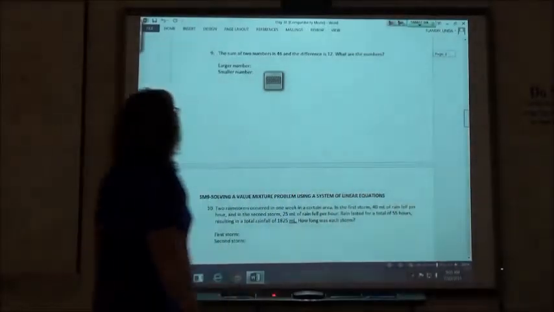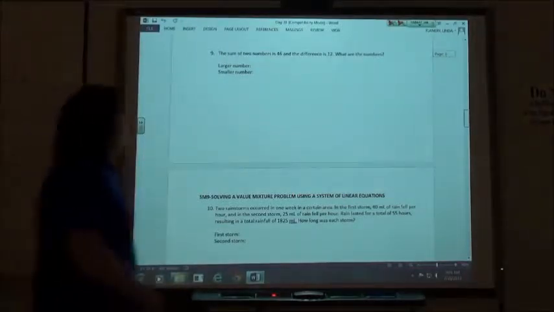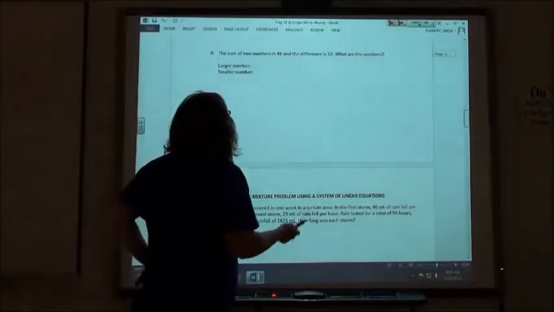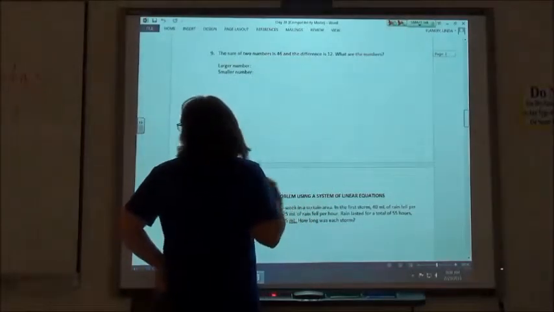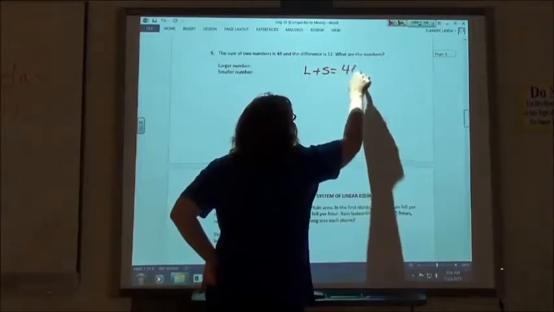Number 9 says the sum of two numbers is 46 and the difference is 12. What are the numbers? So sum of two numbers would be 46. L plus S equals 46.